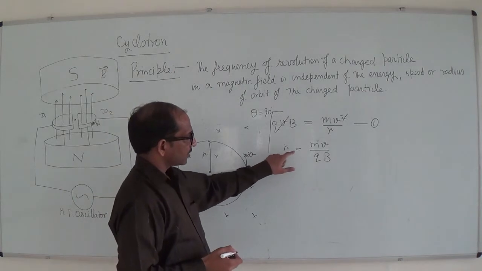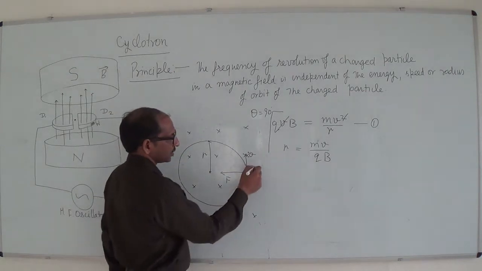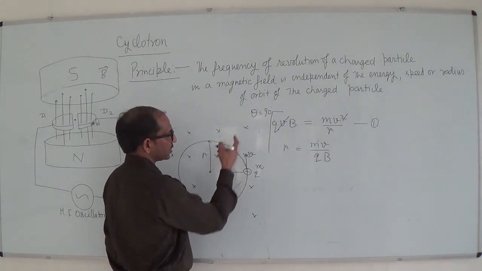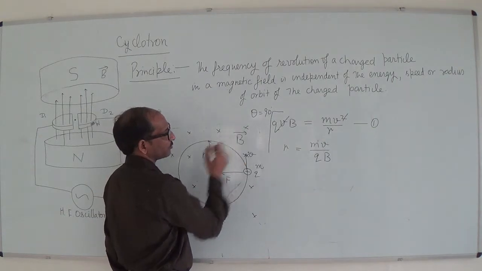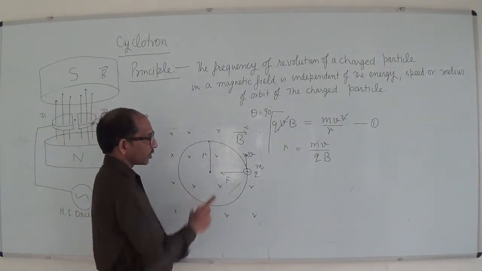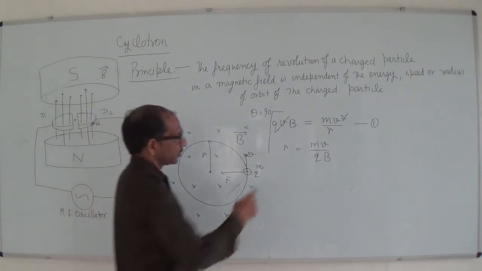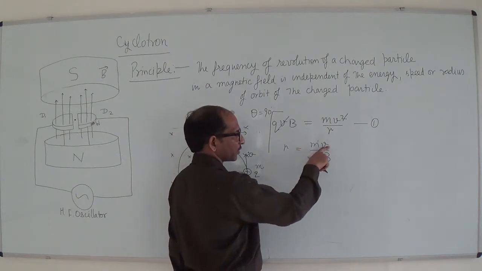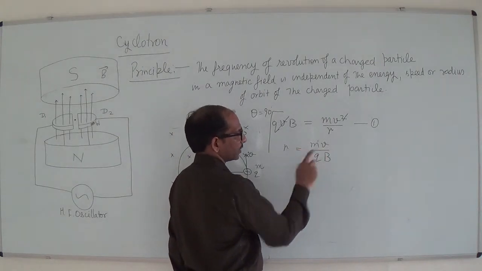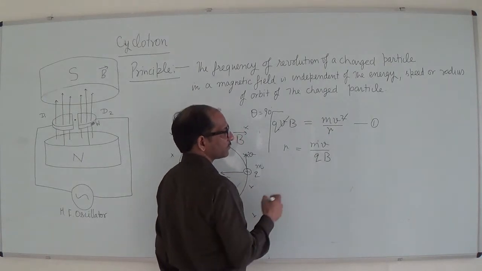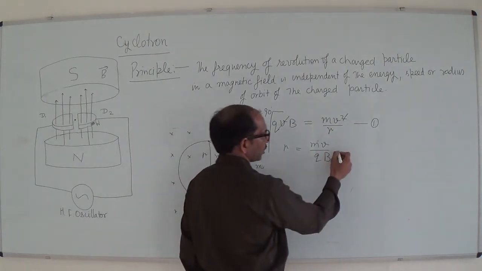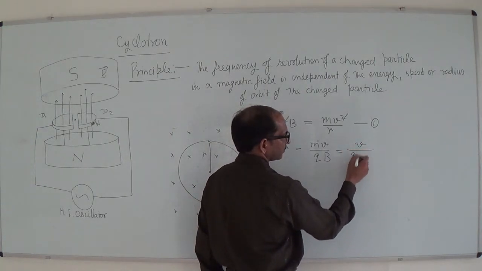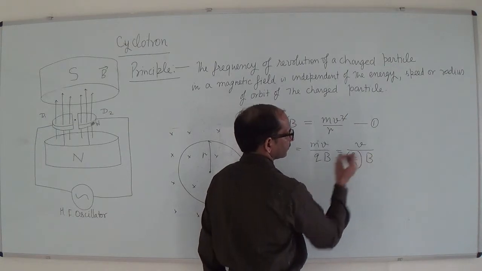So r is defined in terms of m, the mass of the charged particle, v, the velocity, and B, the uniform magnetic field which is perpendicular to the direction of velocity. So r depends only on the mass of the charged particle, velocity, q and B. In modified form you can write this radius formula as v times m upon q into B.